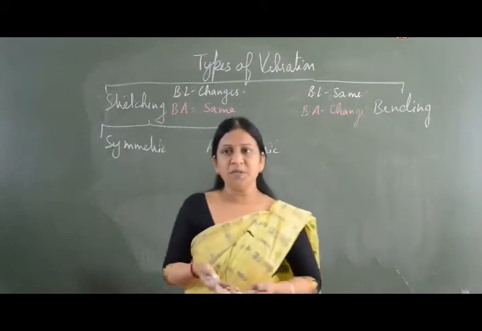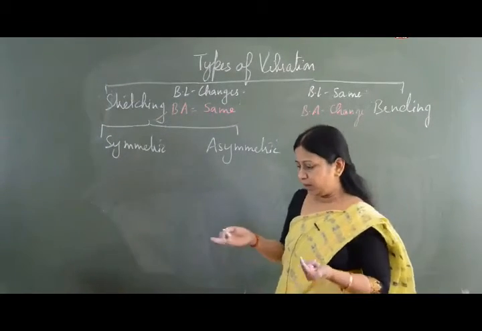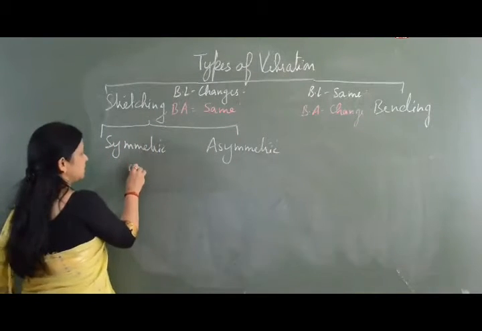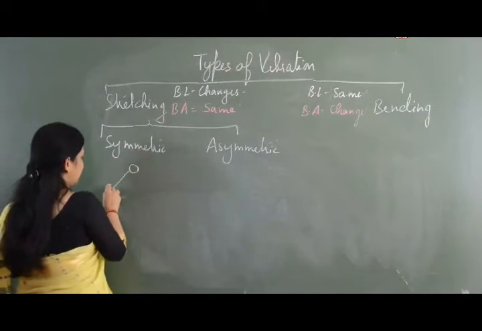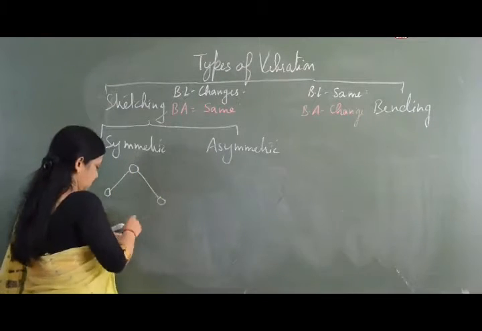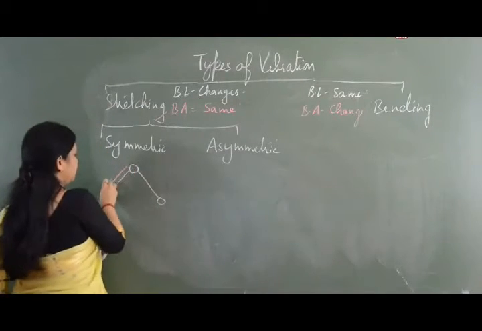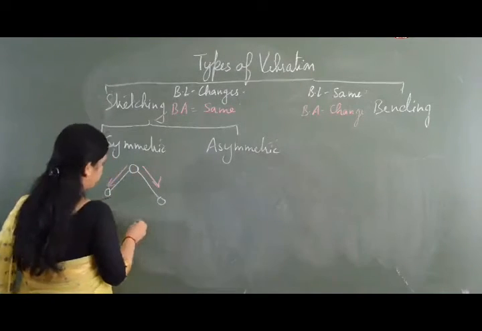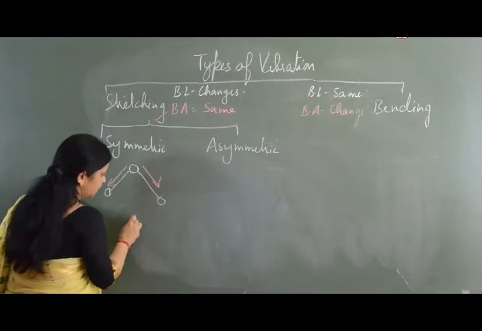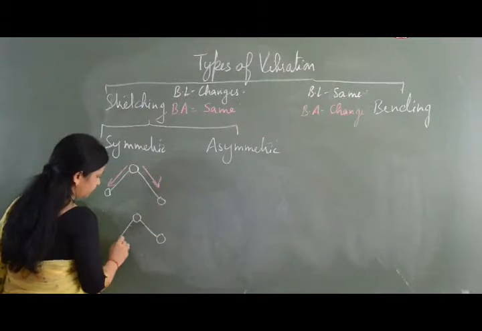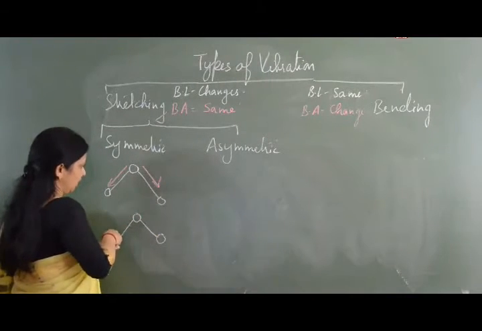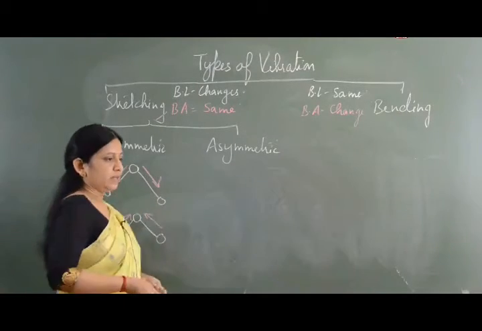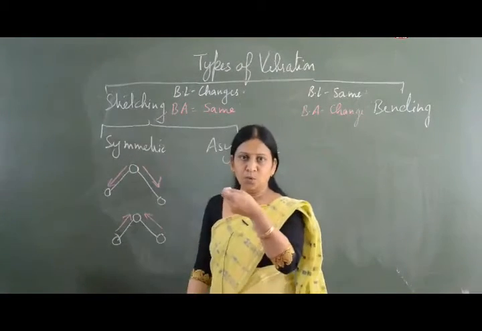To explain, symmetric stretching means, if these are the three atoms, either both the atoms move outward, or the second condition is that the two atoms move inward. So either they are moving outward or they are moving inward.